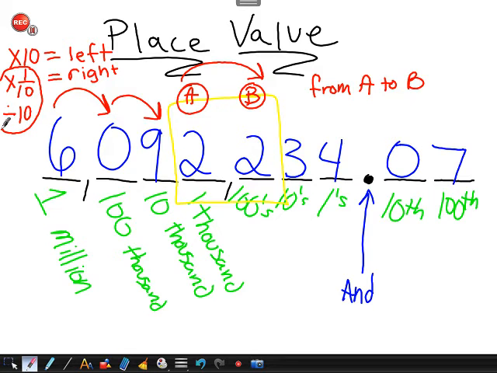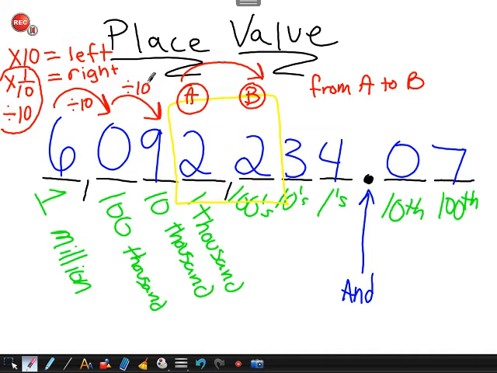Each time I move to the right, divide by 10. So 1/10 of a million would be 100,000. 1/10 of 100,000 would be 10,000. So if I look at my A2 to get to the B2, 1/10 of the 1,000ths place is going to be the hundredths place.